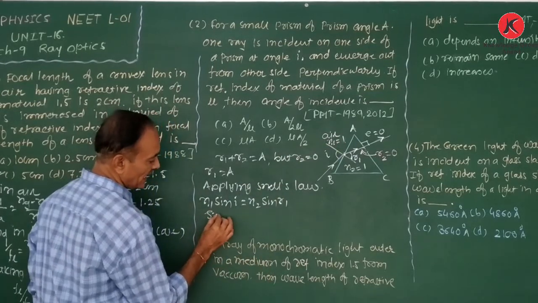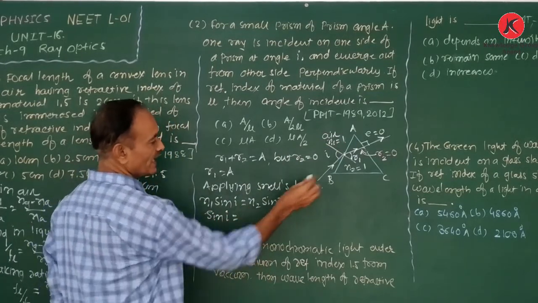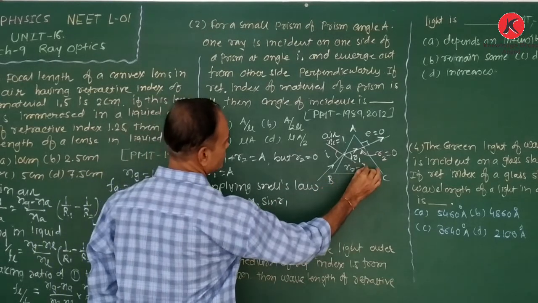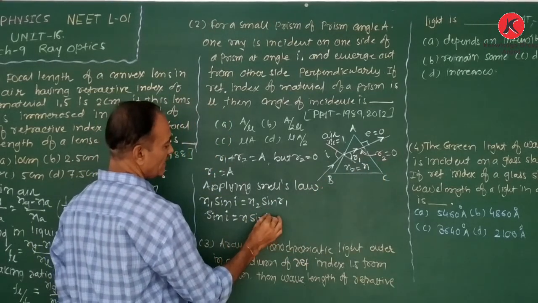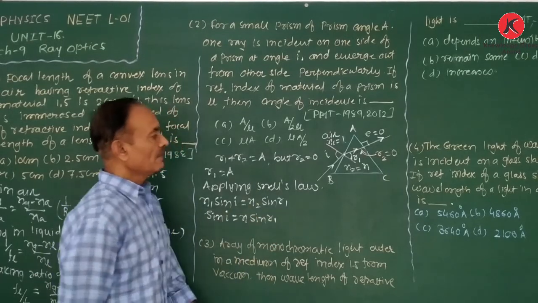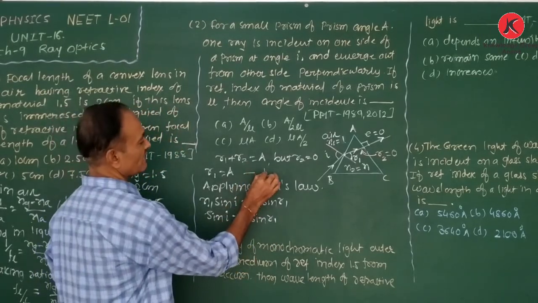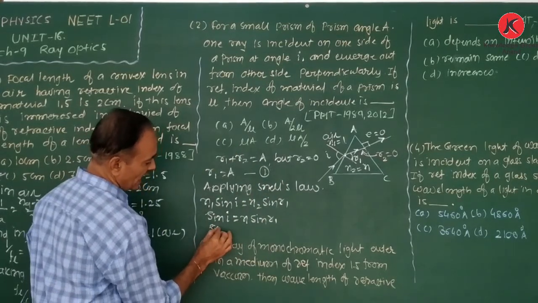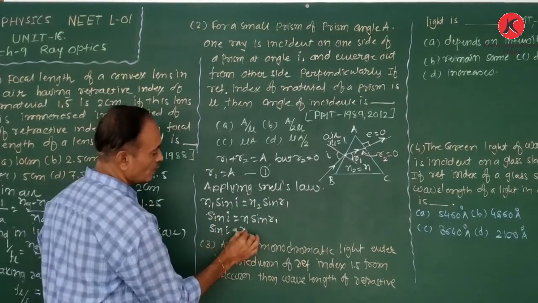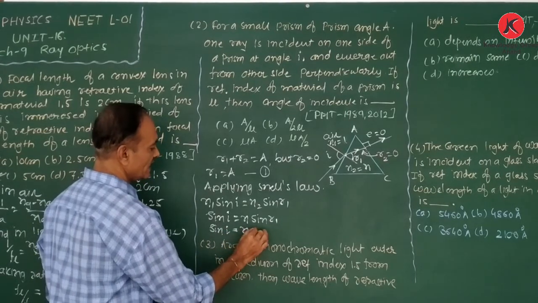Therefore, sine I is equal to N2, which is equal to N, times sine R1. But from the earlier equation, R1 is equal to A. Therefore, sine I is equal to N sine A.